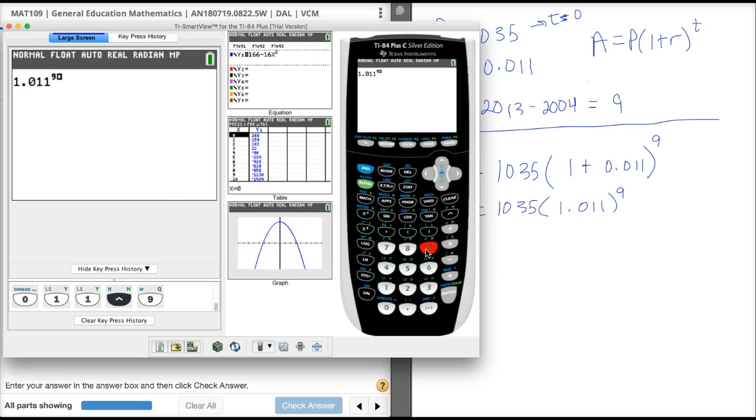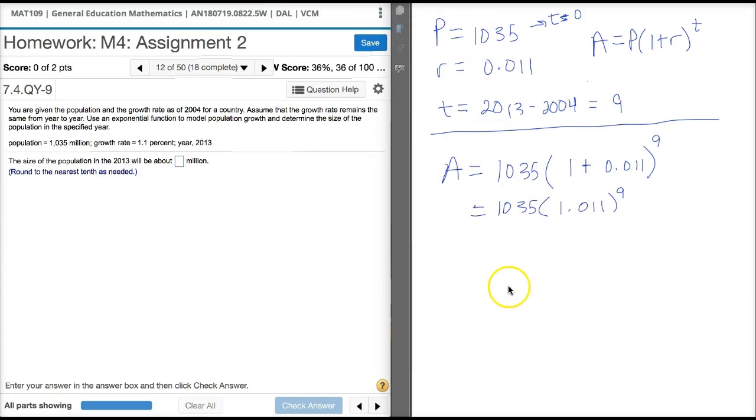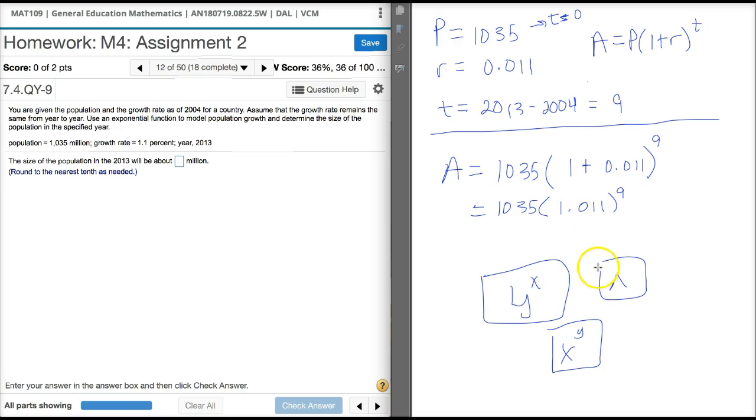If you're using a calculator on your phone, you may have a button that says Y raised to the X or something like that. Sometimes they look like this as well. Regardless of what it is, you need to find the raise-to or exponent button on your calculator and use it.